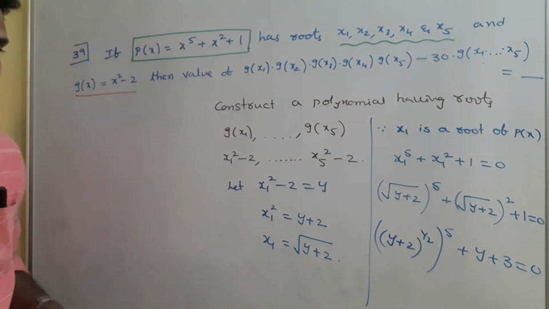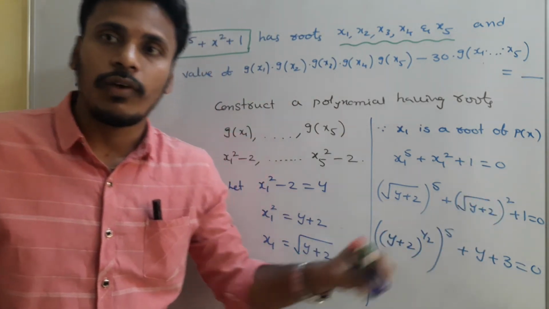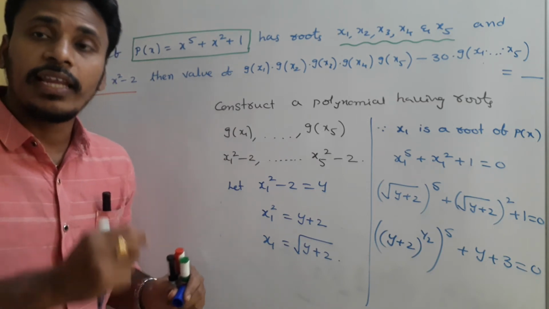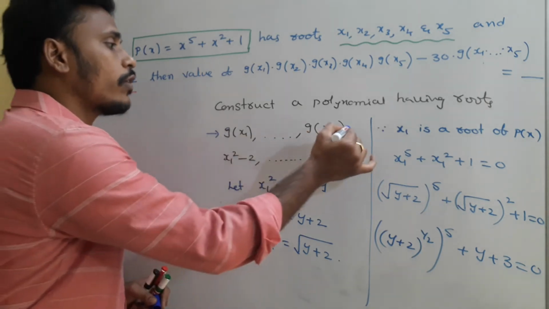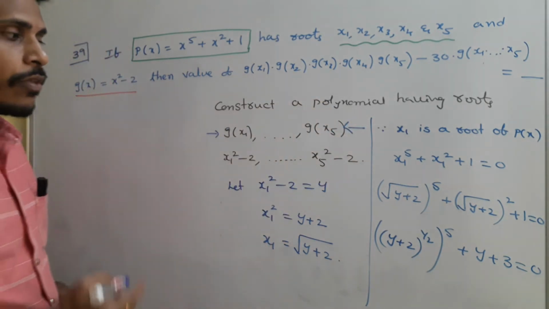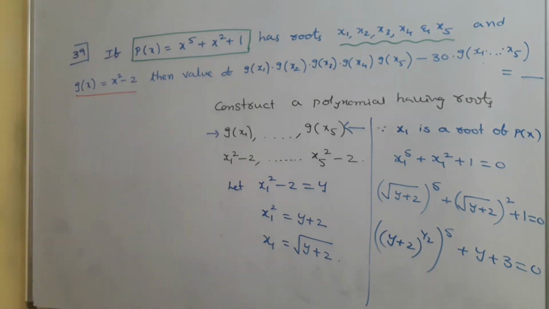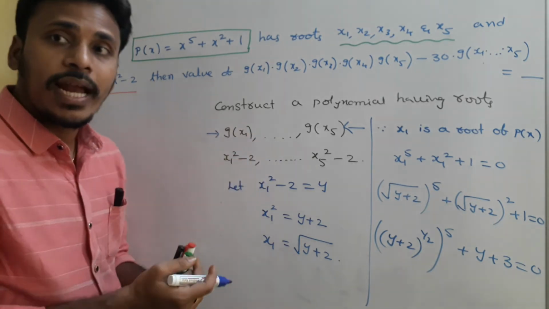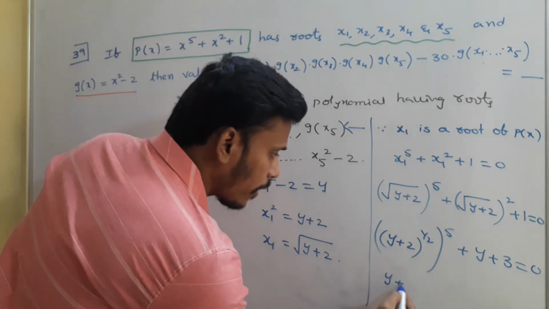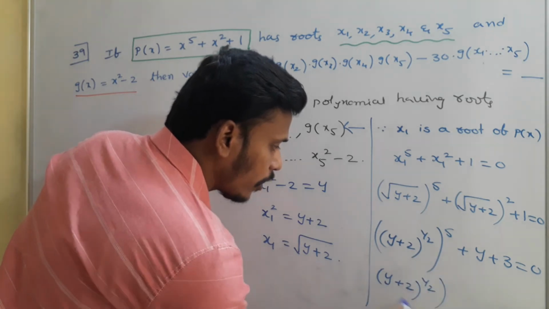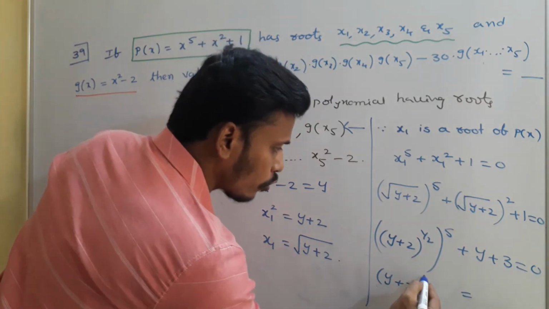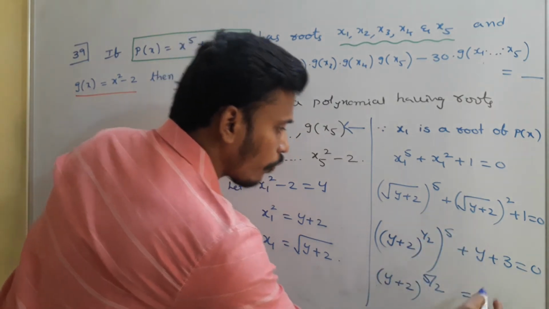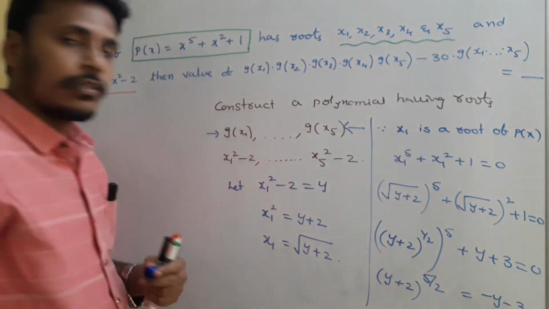Everybody just pay attention. Square root of y plus 2 whole square is simply y plus 2. I am trying to make an equation in terms of y, whose roots are g of x1, g of x2 and so on. That's my plan. So y plus 2 to the power 1 by 2, to the power 5, plus y plus 3 is equal to 0. Send y and 3 to that side. So y plus 2 to the power 5 by 2 is equal to minus y minus 3.